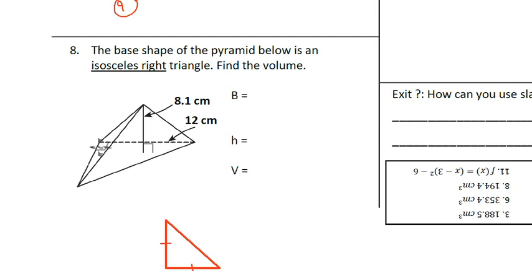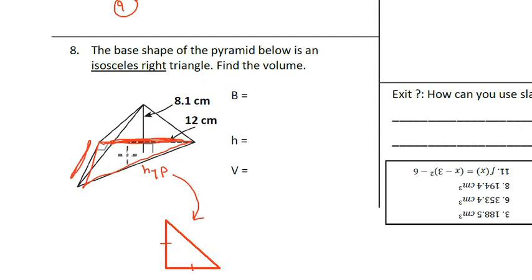So if you look at this base area, which is right here, there's my right angle, this is my hypotenuse, and if I know that this leg is 12 centimeters, then you should be able to tell me what this leg is equal to. So that's what I want to cover with you, that you should be able to figure out what that other leg is.